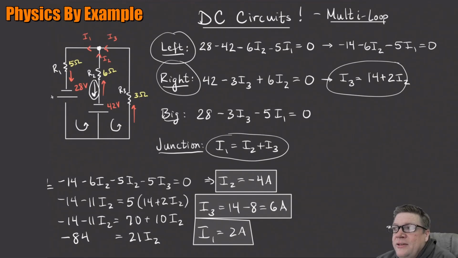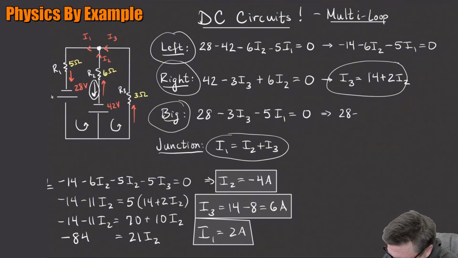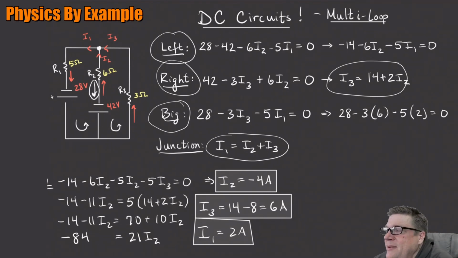Let's throw these into the equation for the big loop and make sure that everything is okay, because it ought to satisfy the big loop equation too. So this means that 28 minus 3 times 6 minus 5 times 2 equals 0. Is that going to be okay? 28 minus 18 is 10, minus 10 is 0. Okay, that looks just fine.